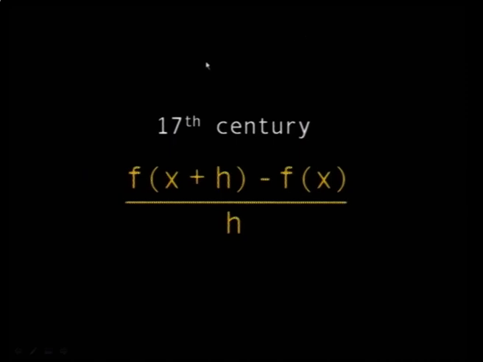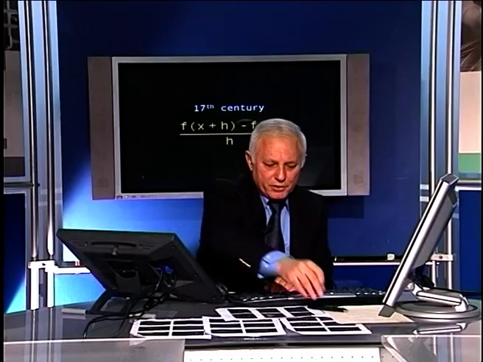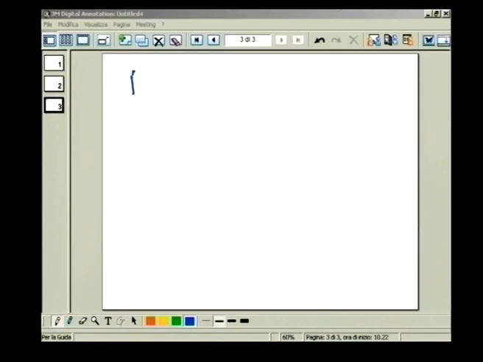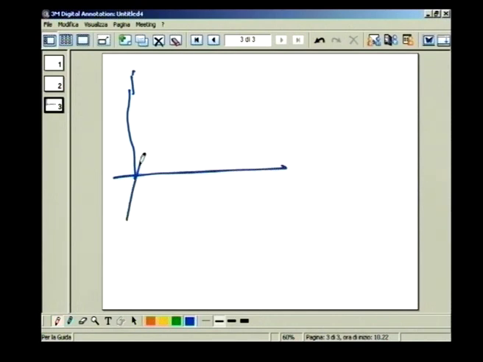Now differentiation comes. We have to calculate differentiation through calculating almost this quotient here. Let's suppose you have, for example, what this French lawyer did: he took y is equal to bx minus x squared.